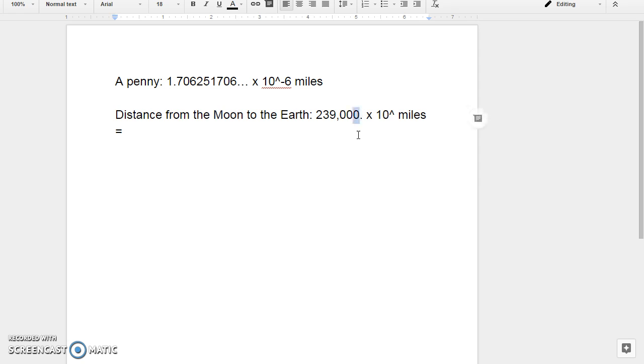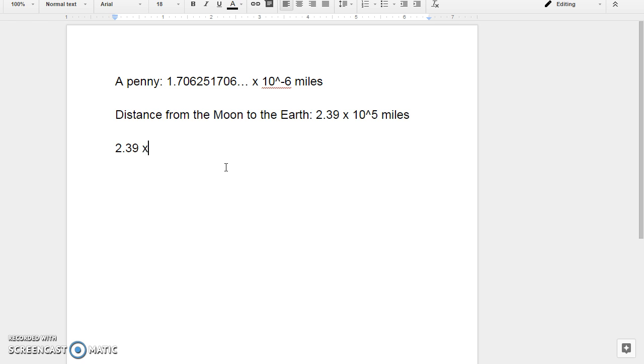So move 1, 2, 3, 4, 5. And also the number has to be greater than or equal to 1 and less than 10. And finally, all we have to do is take this and divide by this.